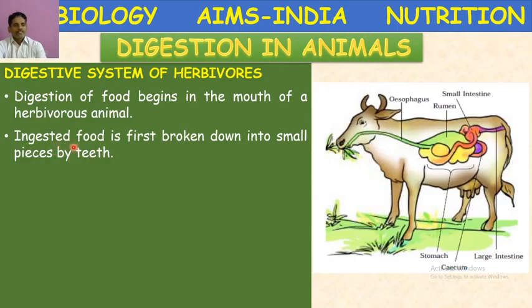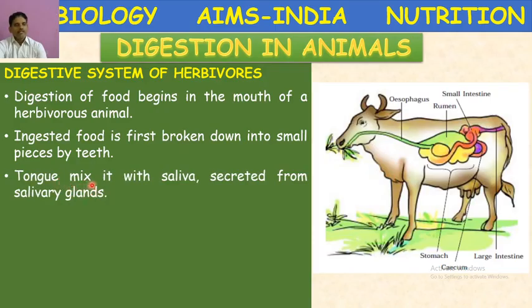The ingested food is first broken down into small pieces by the teeth. The herbivorous animal first takes the food material into the mouth, where it is broken into pieces with the help of the specialized teeth present in those animals. The tongue mixes it with saliva secreted from salivary glands.